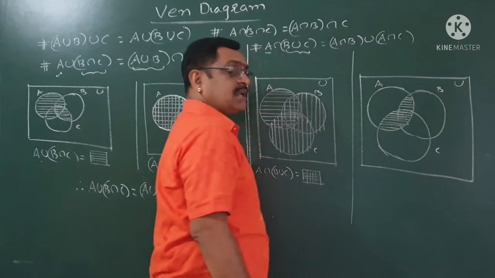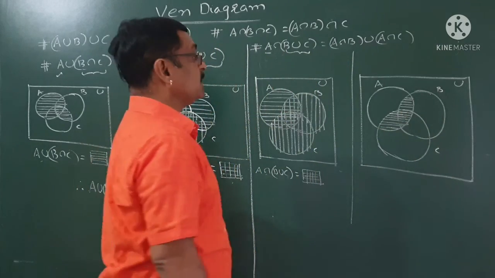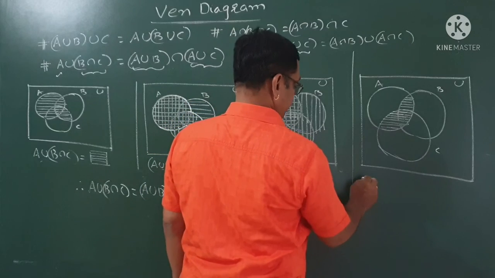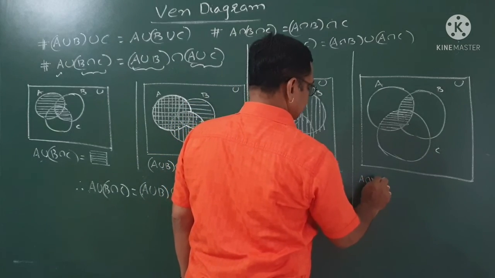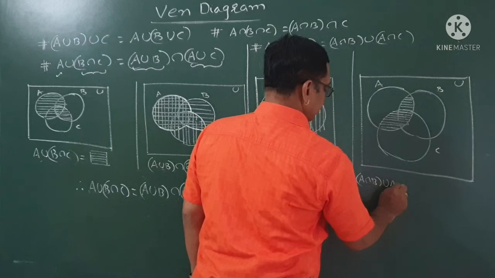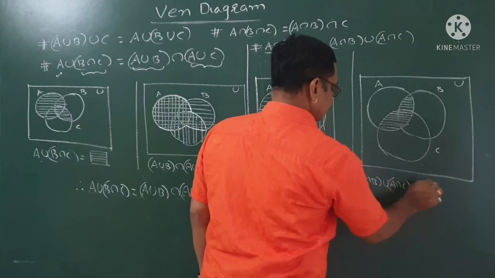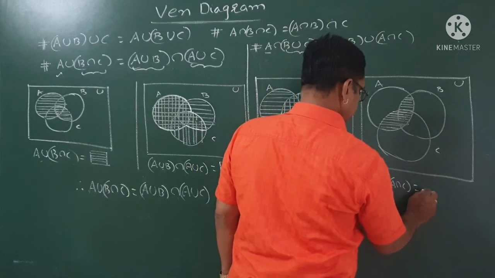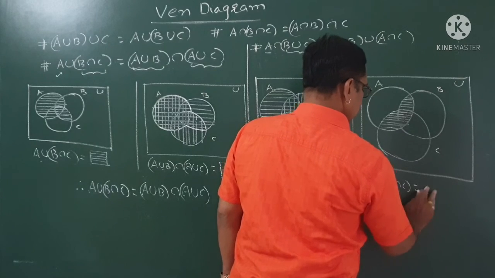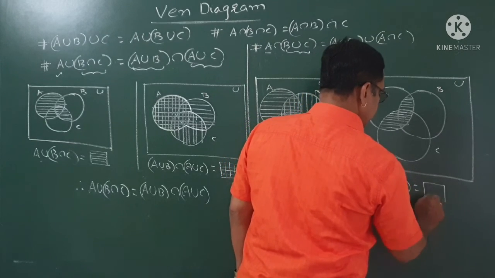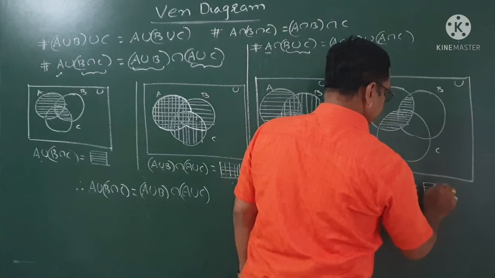So this entire horizontal lines represents A intersection B. So I have (A intersection B) union (A intersection C) is equal to, sorry, box, only horizontal lines.